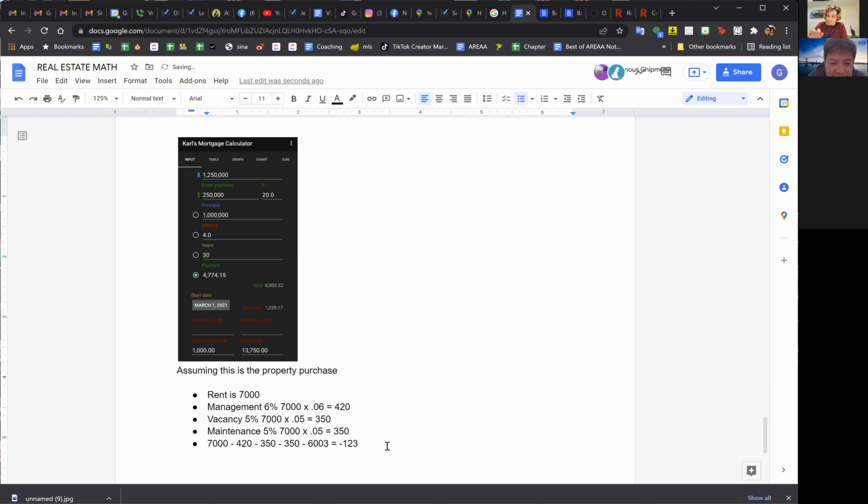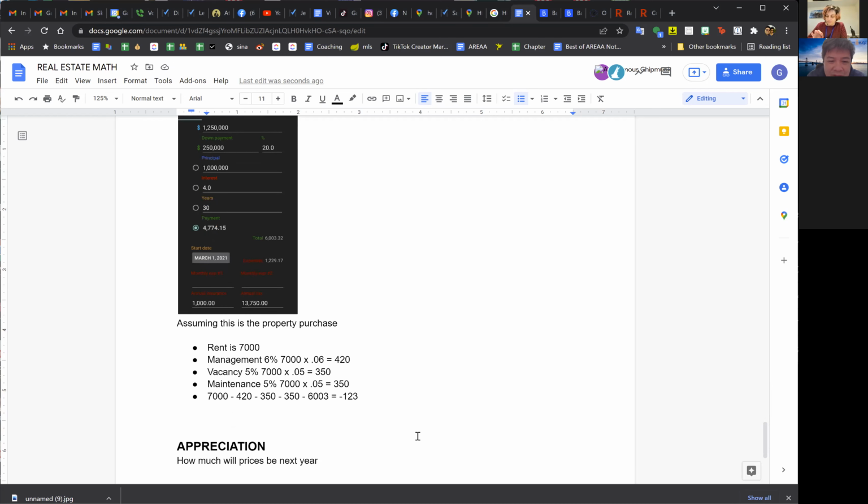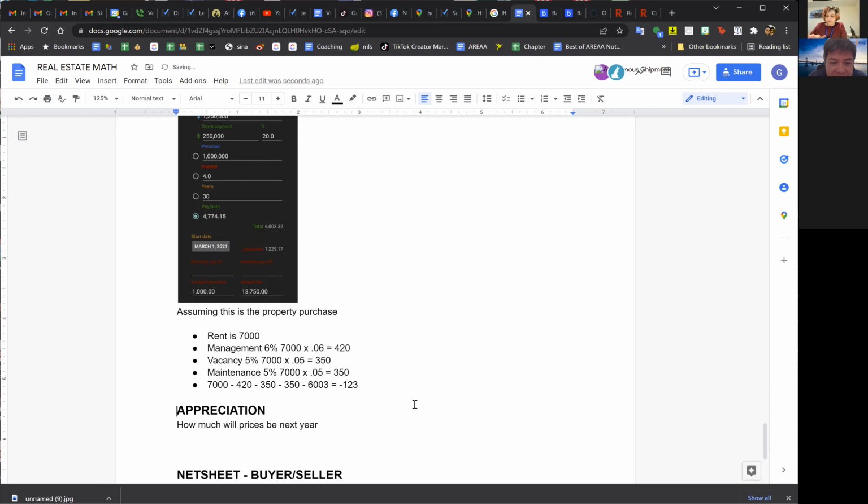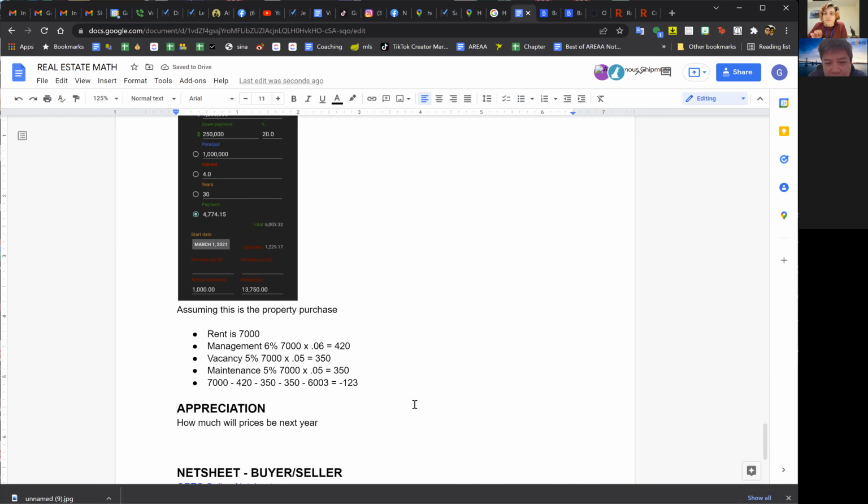Does this have positive cash flow? No, it does not. So every month, you, the buyer, will probably be contributing $100 to $200 per month to make this rental work. So is this a good deal? Probably not.